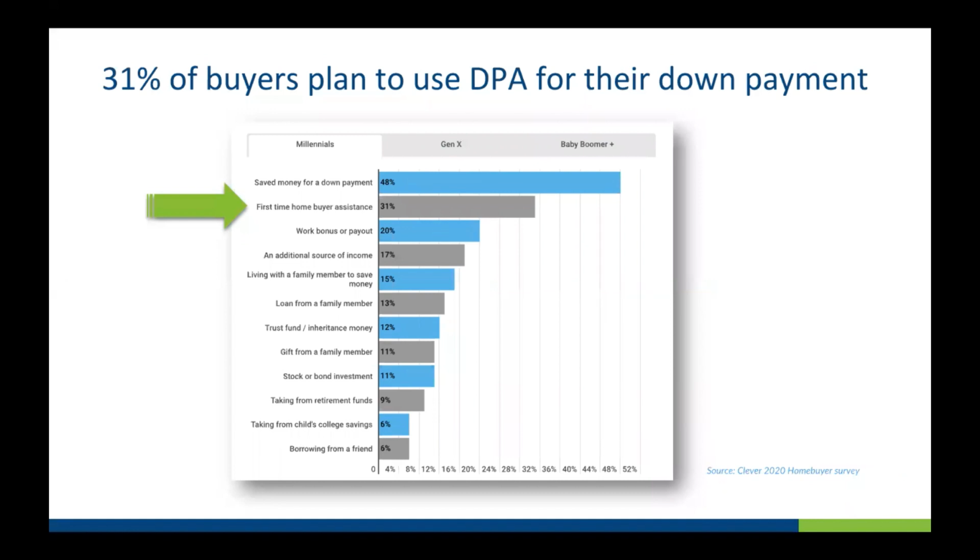So what that was telling us at the time, and I think what it still says, is that there's growing awareness of these homebuyer programs among consumers. And that's interesting. And we should pay tribute to all of you on this webinar, because the way that a consumer typically finds out about a down payment assistance program is going to be through a loan officer or a real estate agent.